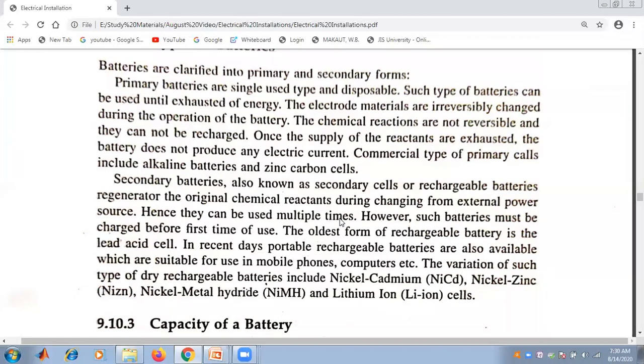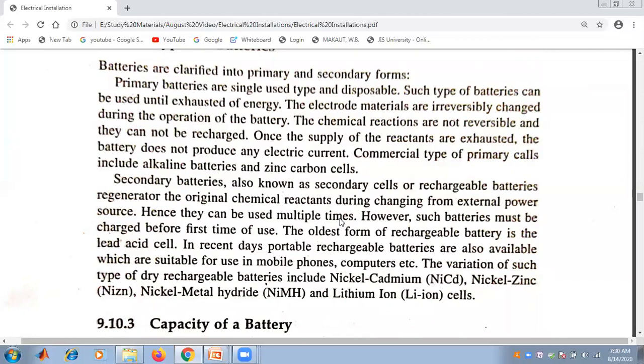They regenerate the original chemical reactants during charging from an external power source. This is the main conception of secondary batteries.